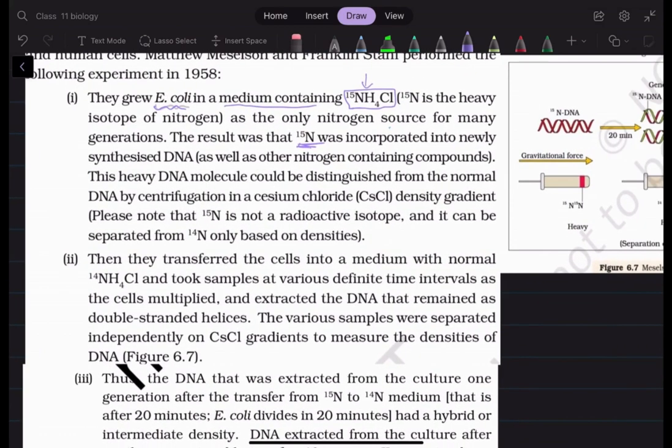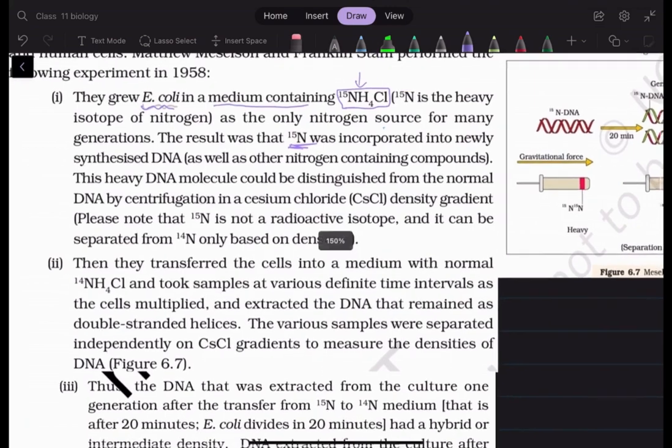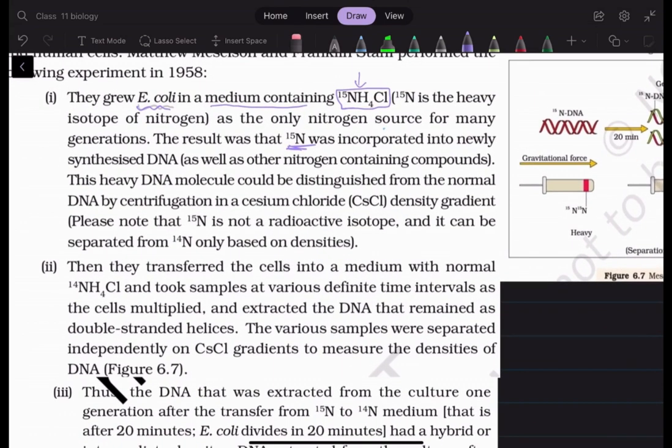So they took this E. coli containing heavy nitrogen and transferred it to a medium containing normal ammonium chloride. And they kept taking the DNA samples at definite intervals of time as the cells kept multiplying.